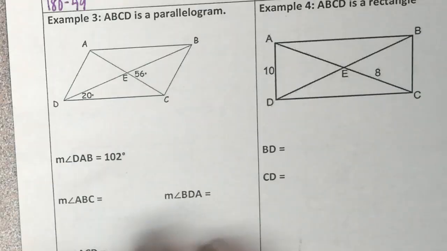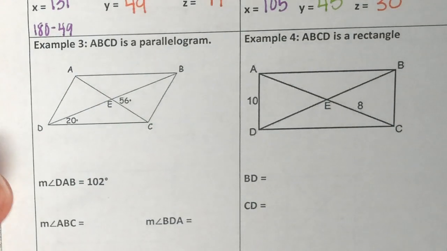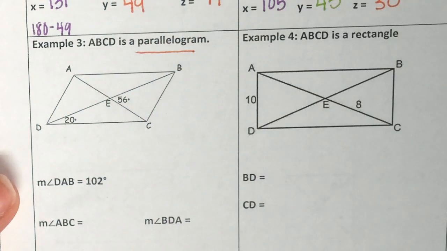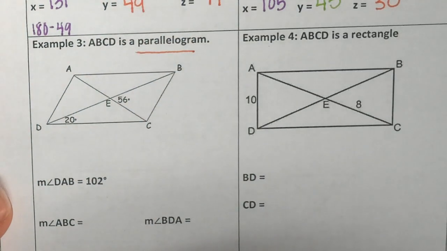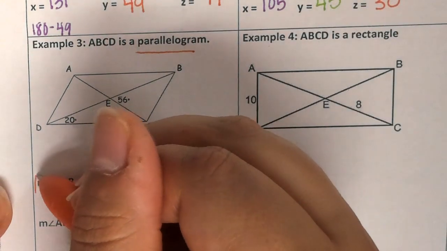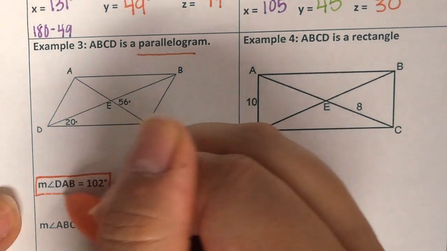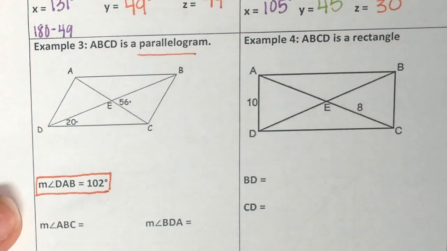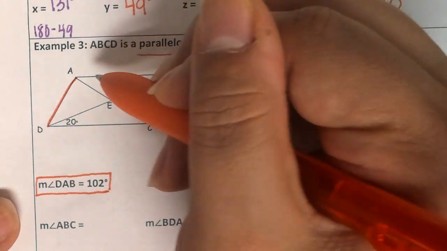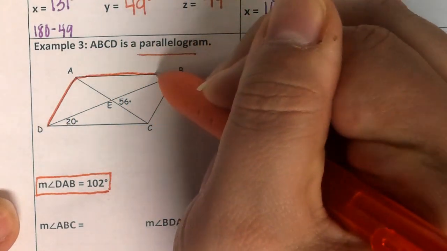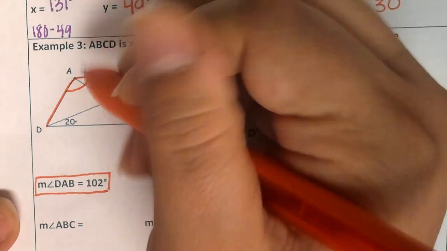Yeah. All right. Example 3 is again a parallelogram. Now this one, everybody box this right here because you can't really do much unless you have this right here. Be careful. DAB, y'all look up. D to A to B is 102.